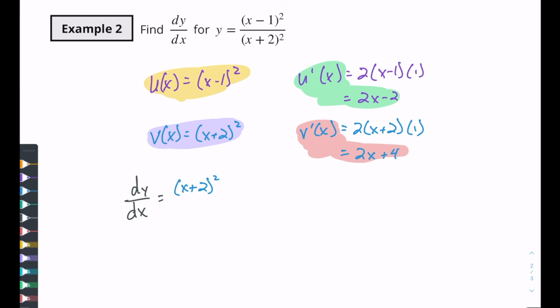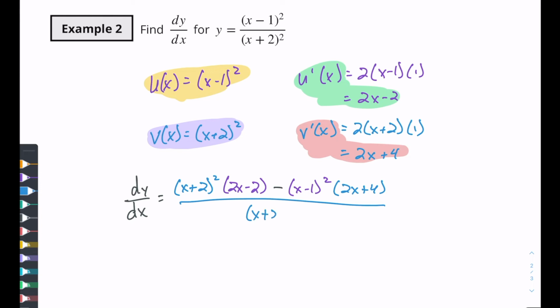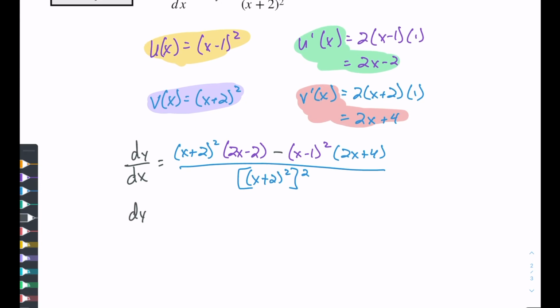The derivative of u is 2x minus 2 minus x minus 1 squared, and then times 2x plus 4. All of that is over x plus 2 squared again. All right, dy, and now we're just going back to the grind of simplification.